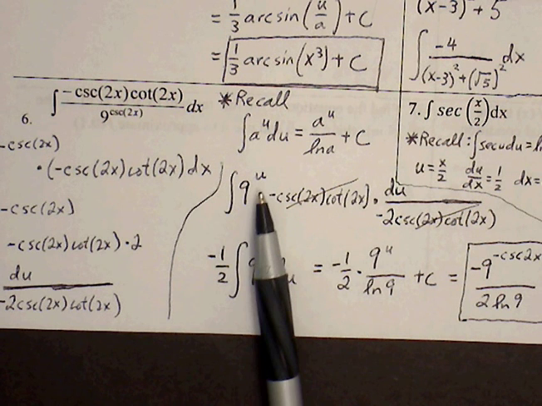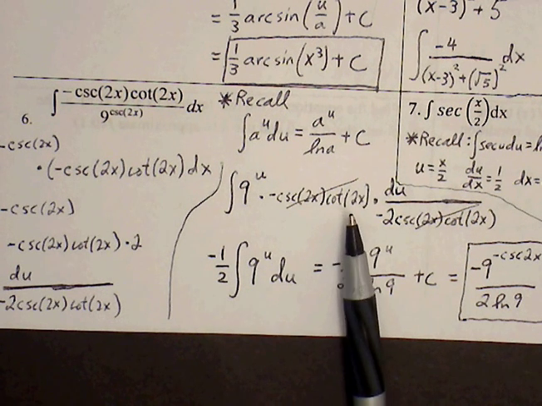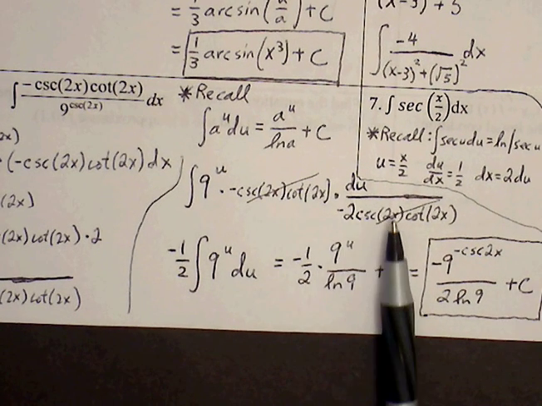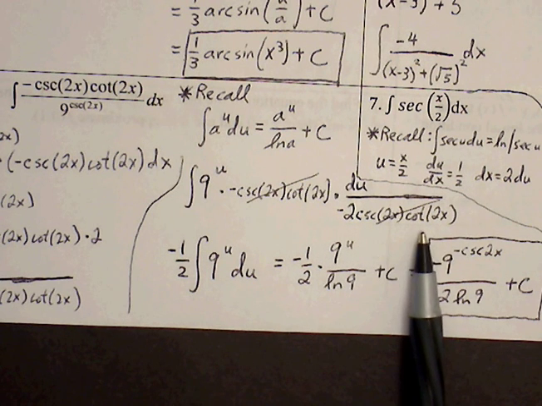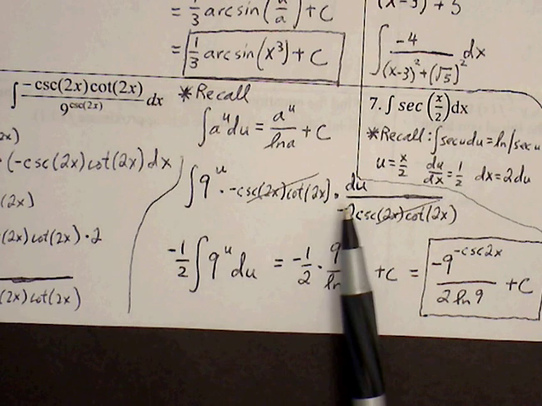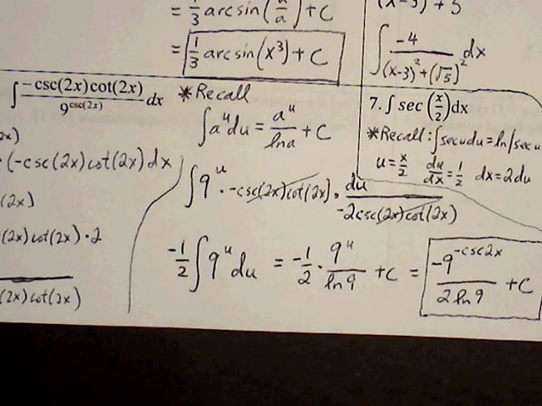So integral of 9 to the u times negative cosecant 2x cotangent 2x times, and then replace dx with du over negative 2 cosecant 2x cotangent 2x. The trig functions cancel out. The negative also cancels out.